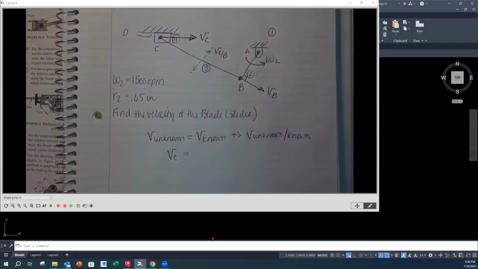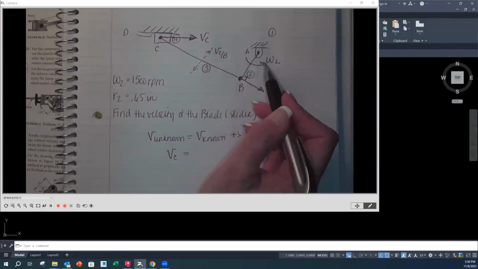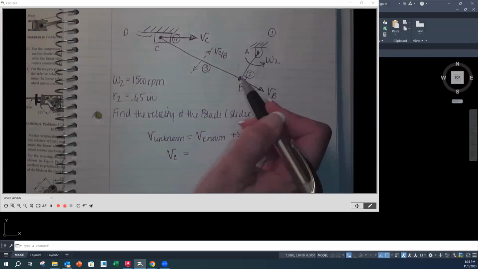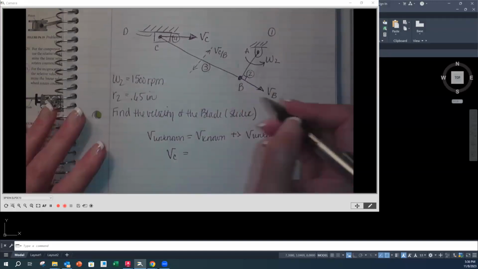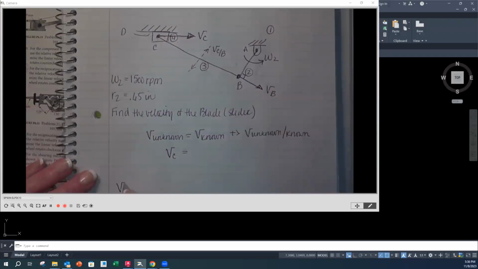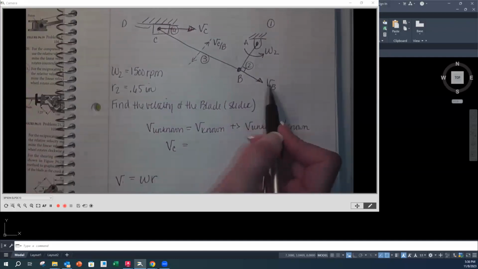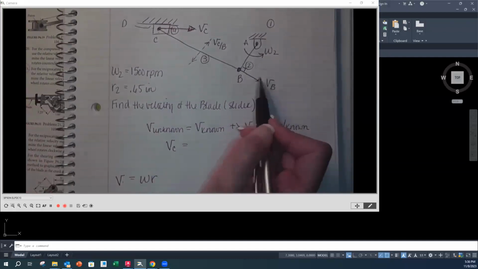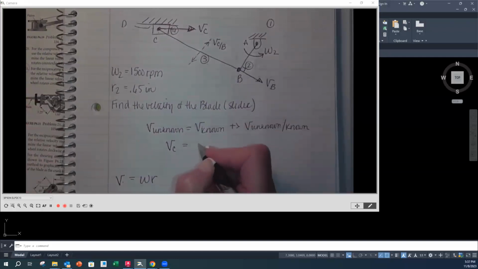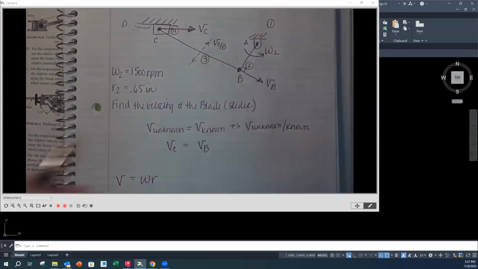Although we don't have the magnitude of B yet, we can get it because we know the angular velocity of that link, and we know how far away it is, and we have the equation, and we'll use it in a little bit: V is equal to W times R. So we'll fill that in a little bit. We can get the magnitude, and we know its direction. So our known quantity is going to be the velocity of B.